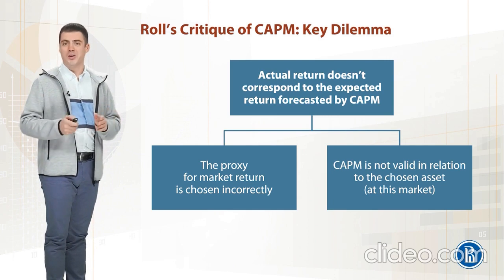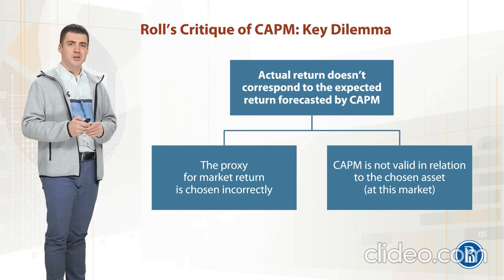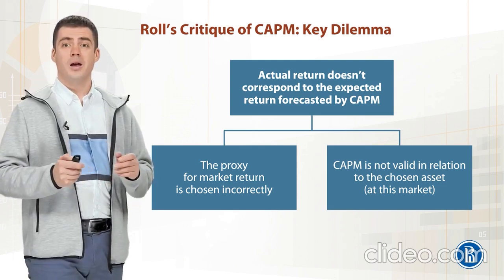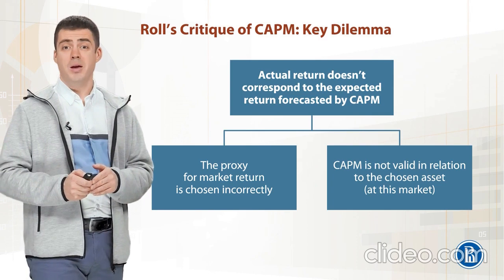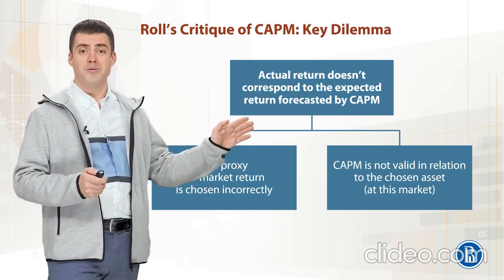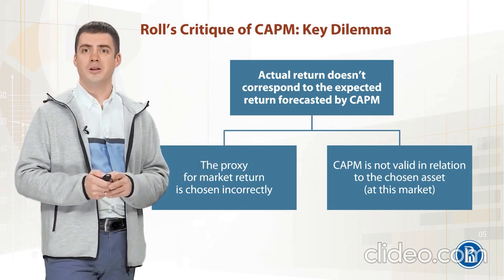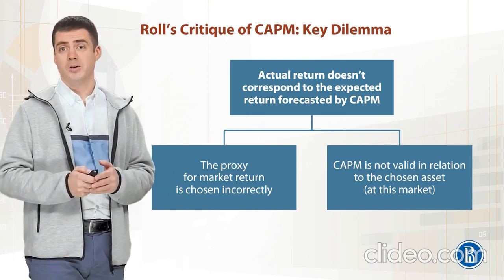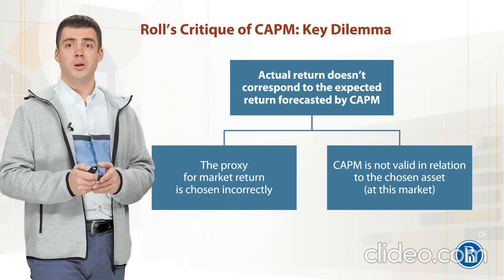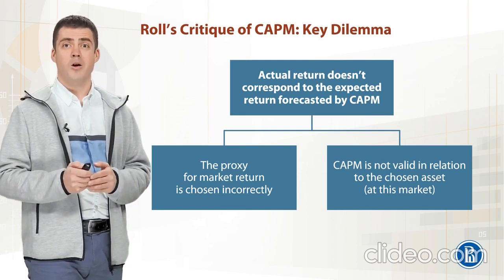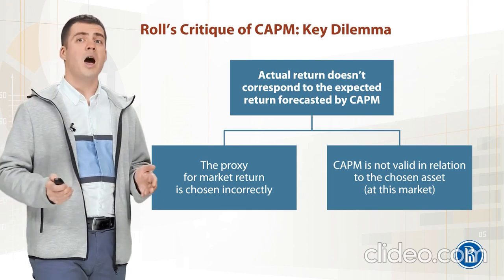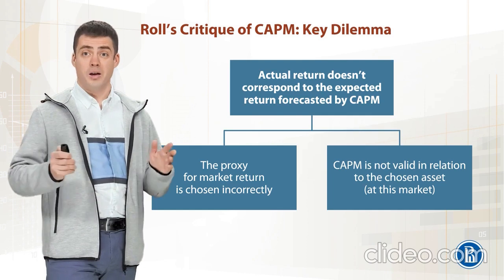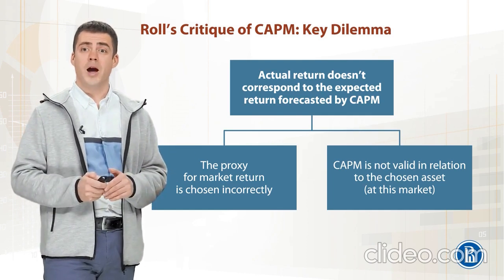Once the actual return does not correspond to the expected return calculated based on the CAPM, we can propose that maybe the reason is that the proxy for market return is chosen incorrectly, and maybe we should look for some other proxy for the return of the market portfolio, which will make a better estimation of the expected return. However, it may also be the case that the proxy for the market return is alright.